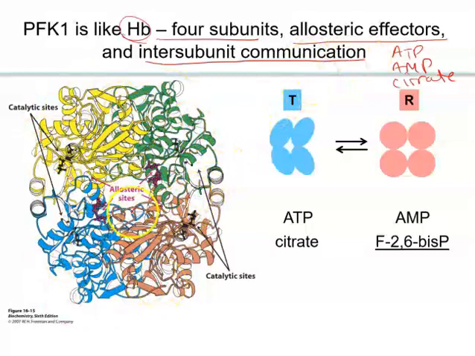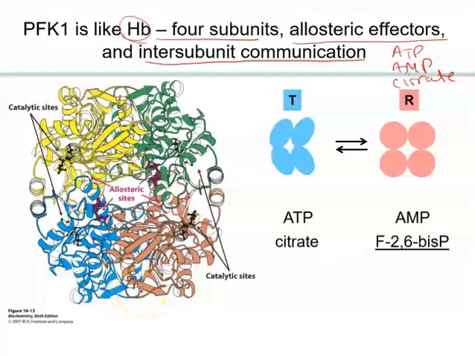If we have binding of an allosteric effector, so binding of a small molecule like ATP to one of these subunits, it's going to cause a shape change in that subunit where it binds, and then that shape change is going to be communicated to each of the other remaining subunits. So it's a very sensitive enzyme to allosteric regulation.